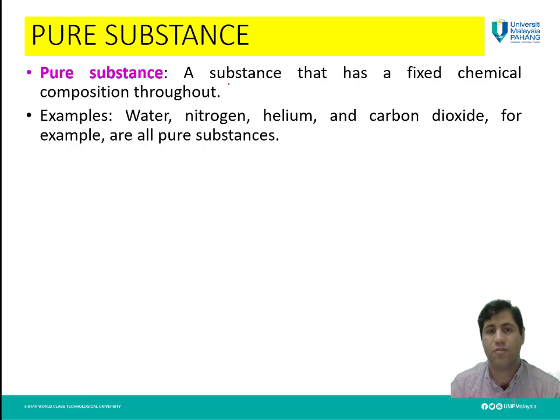This is important: if you notice this definition, you can distinguish between pure substances and non-pure substances. Some examples of pure substances are water, nitrogen, helium, and carbon dioxide. All of these are pure substances.